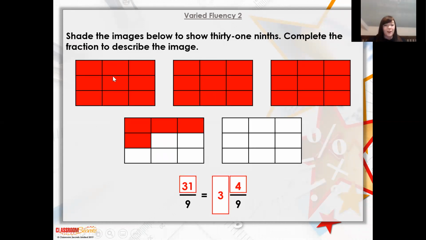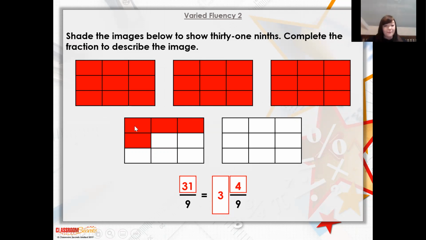So here I've shaded in 31/9. So these boxes are split into 9 parts and we've coloured in 31 of them. Now I can see here that I have 1, 2, 3 whole rectangles coloured in. 3 whole ones.